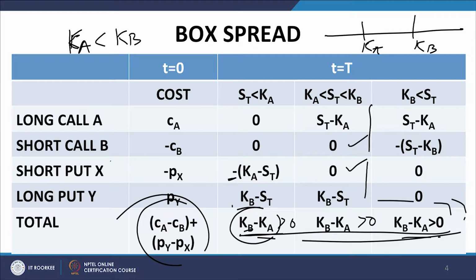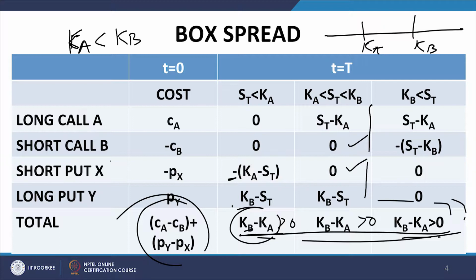Number 2, the payoff is independent of the stock price, it is independent of St. And number 3, the payoff is positive. This is very interesting, because what does it mean? It means that whatever is the state of the evolution of the stock price on maturity, you are getting the same payoff. In other words, it is a risk free payoff.